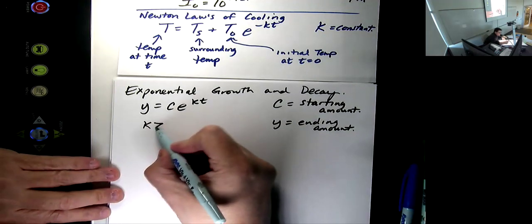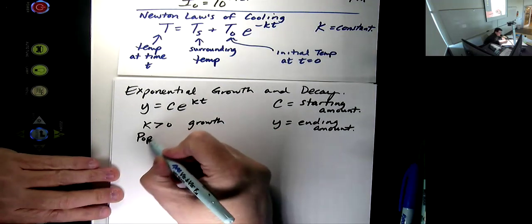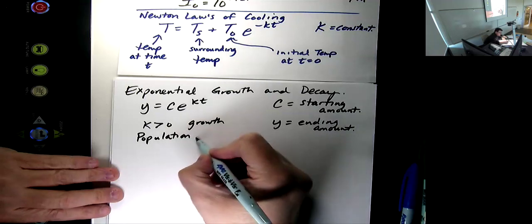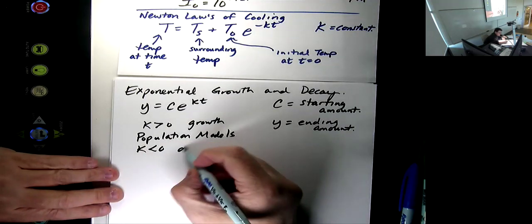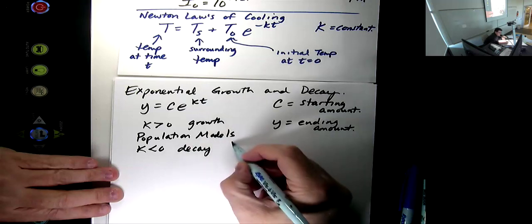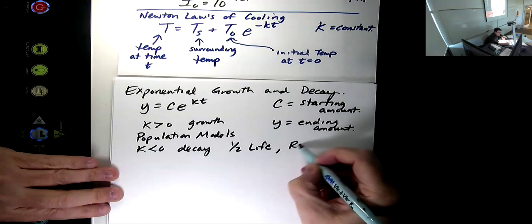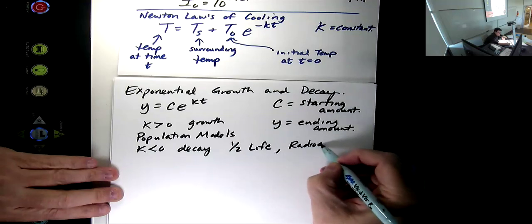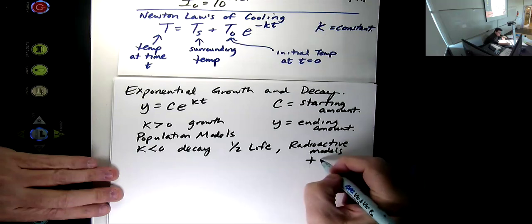K is greater than 0 for growth, like population models. And K is less than 0 for decay, like half-life, radioactive models. And T is in years.